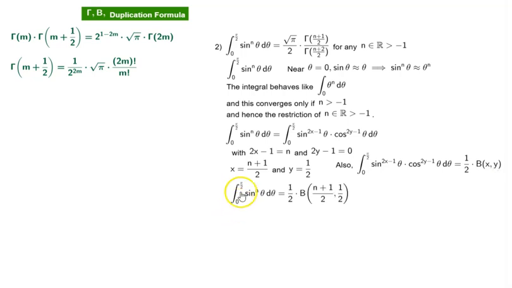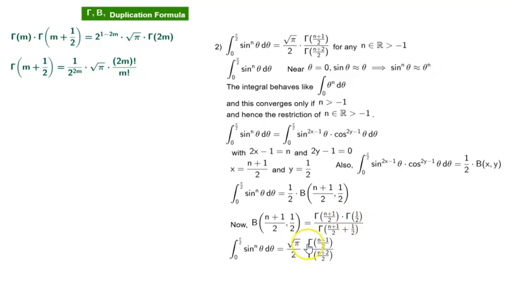The integral from 0 to pi by 2 of sine n theta d theta is equal to 1 by 2 times beta of x comma y, where x is n plus 1 by 2 and y is 1 by 2. Beta of n plus 1 by 2 comma 1 by 2 is equal to, converting it into gamma, gamma of n plus 1 by 2 times gamma of 1 by 2 divided by gamma of n plus 1 by 2 plus 1 by 2.